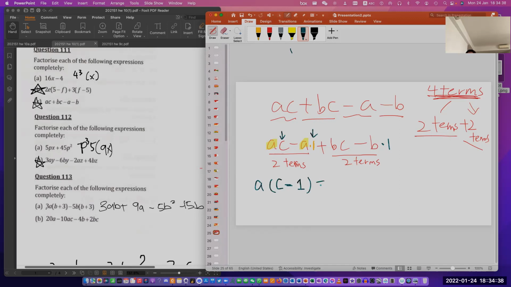Next, can you see the common factor is B? So take out common factor B, and then you're left with C, split by a minus sign, and then you're left with 1. Are you clear? How did I get into this step? So far, so good?